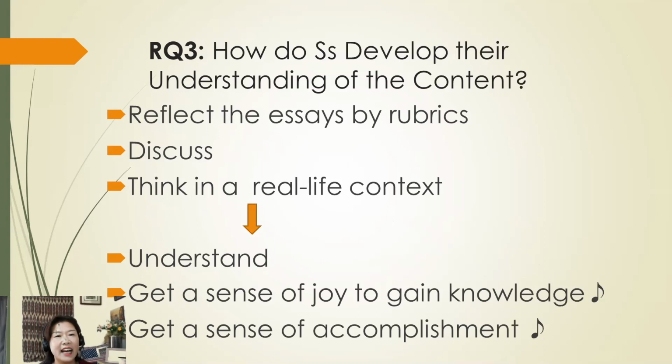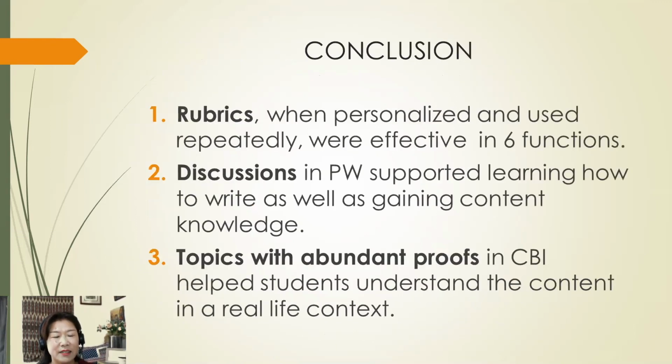Question 3. How do students develop their understanding of the content? They reflect on the essays by rubrics, and they discuss, and they think in a real life context. That results in understanding, and then they got a sense of joy from gaining knowledge. They got a sense of accomplishment.